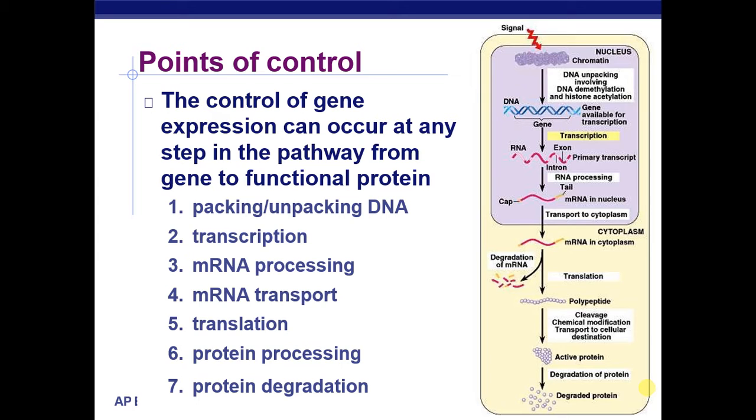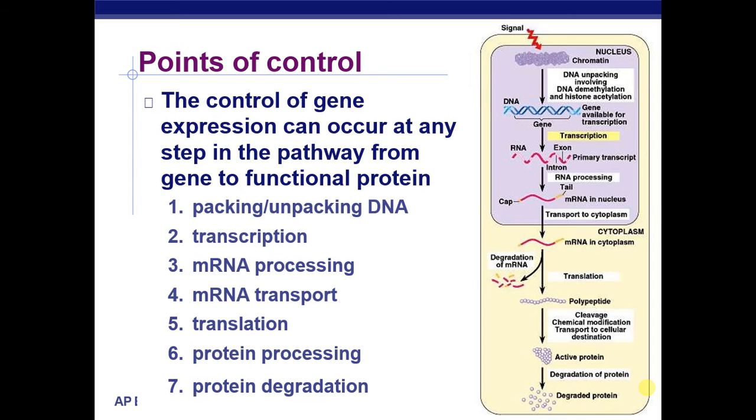So you can see the 7 points of control listed below. These are just different places where the cell can affect the expression of a gene before it becomes a fully fledged protein.